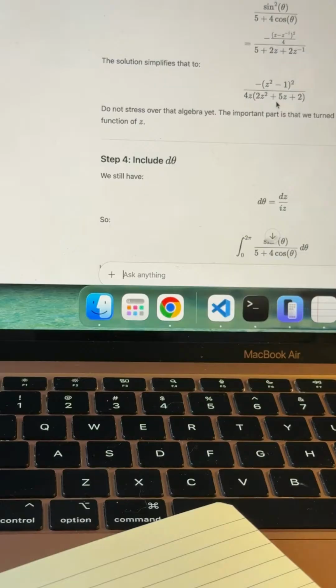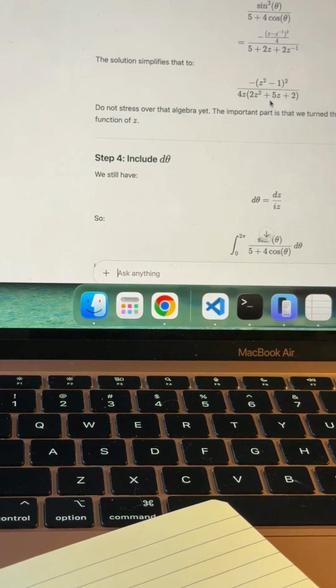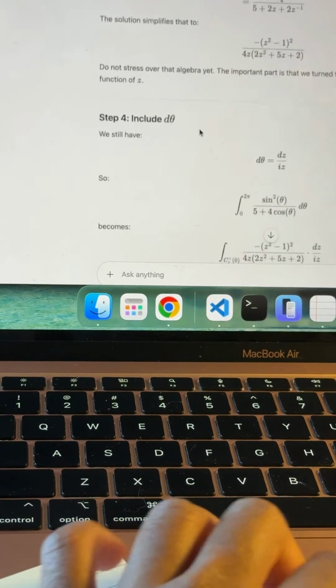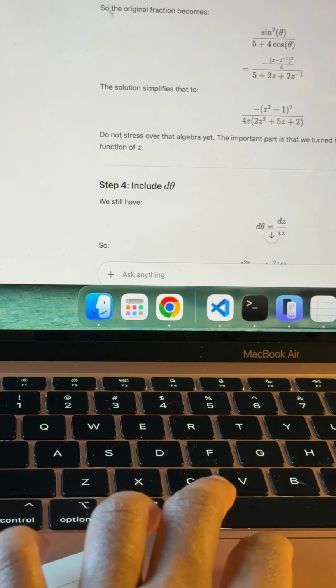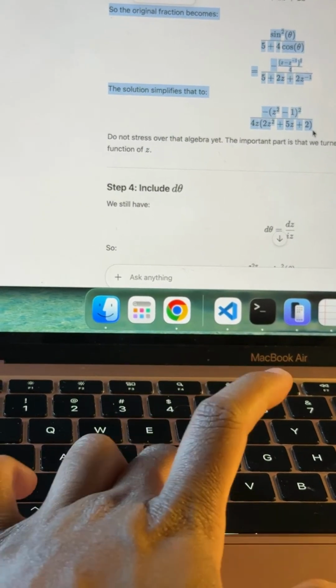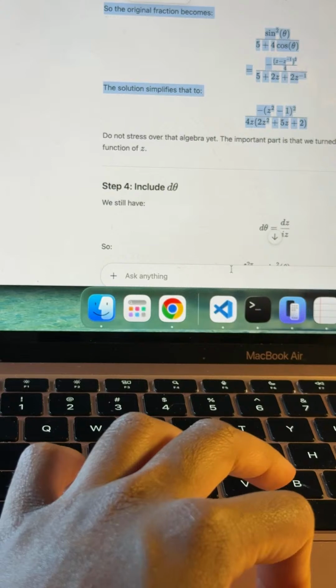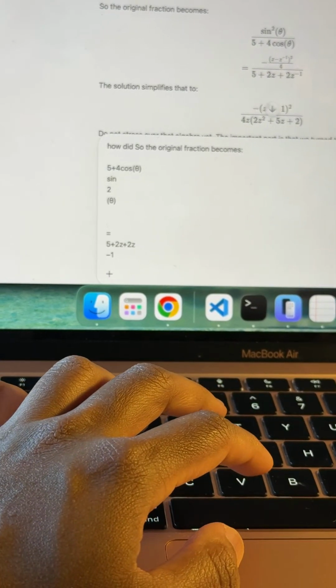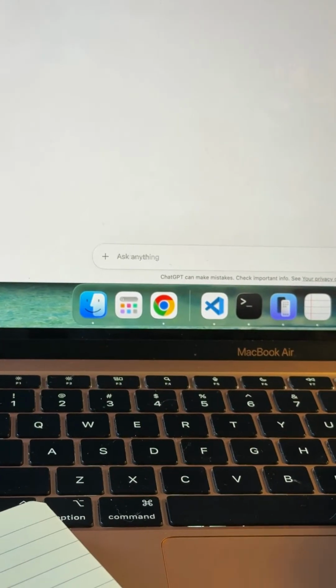But I don't know how that is. I guess we'll have to ask how the solution simplifies to that. How did that happen?